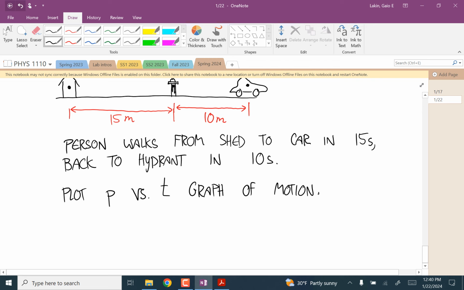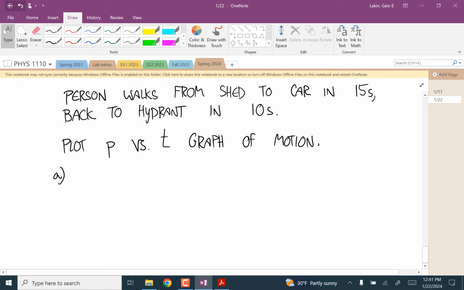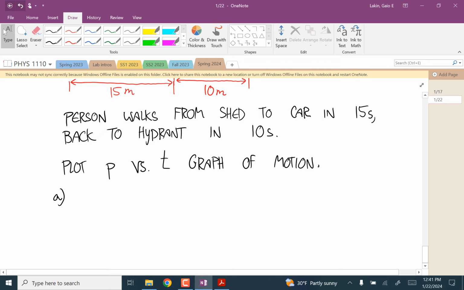But before we do that, we have to make choices of the zero position and the positive direction. So I'm going to just specify some choices for those. For part A, the zero position, so position equals 0 at the hydrant.